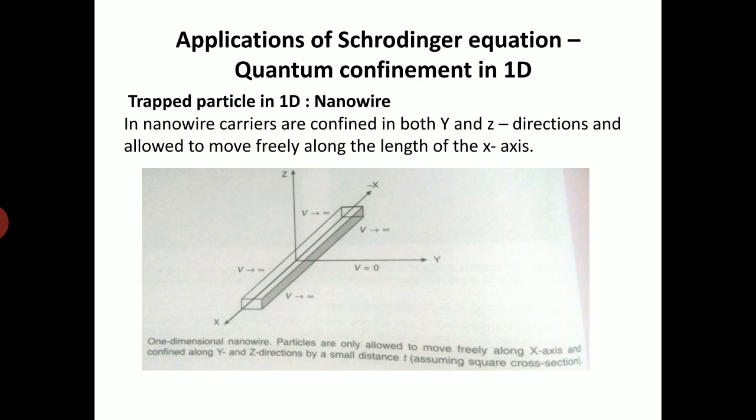The examples for this are zinc oxide nanowires and gallium trioxide nanobelts.